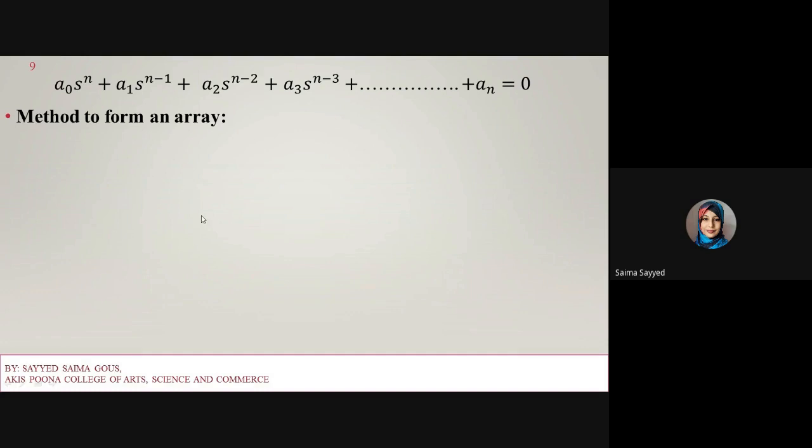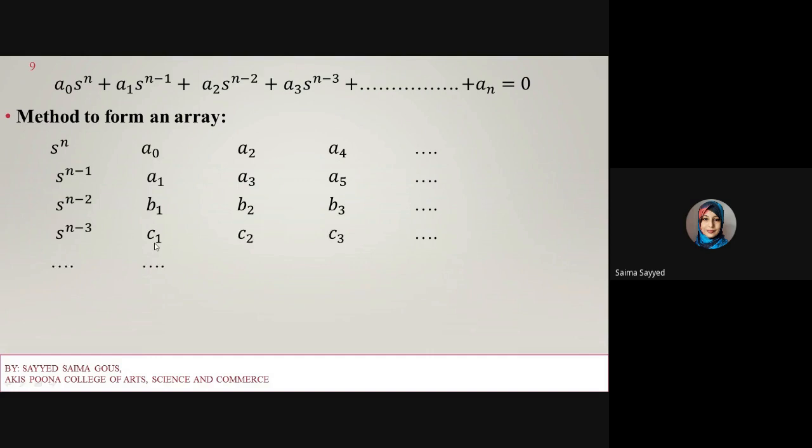This is the method to form the array, where s raised to n has the coefficients a0, a2, a4 up to an, and s raised to n minus 1 has a1, a3, a5 up to an minus 1, and then s raised to n minus 2 has b1, b2, b3 up to bn, and then s raised to n minus 3 has c1, c2, c3 up to cn, and this goes up to s raised to 0, an.